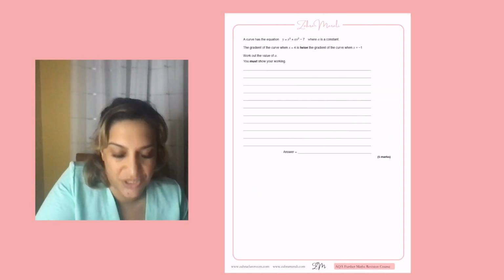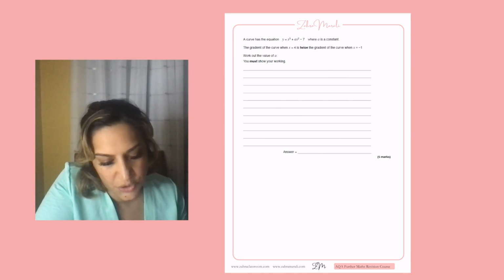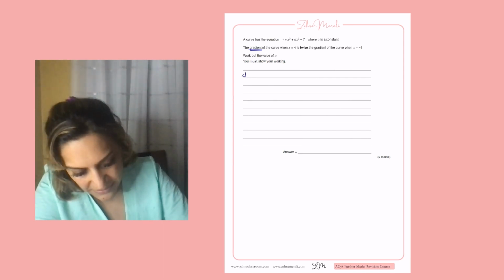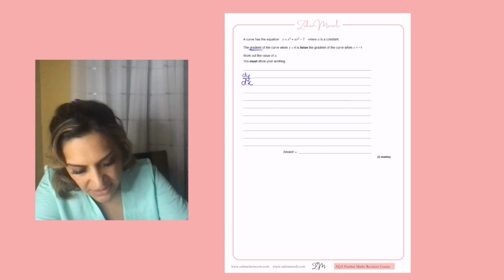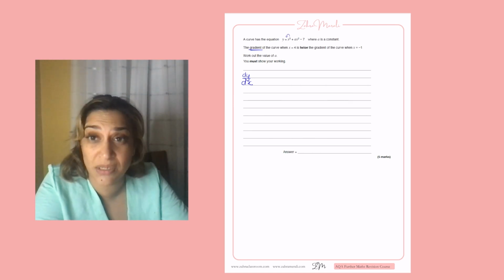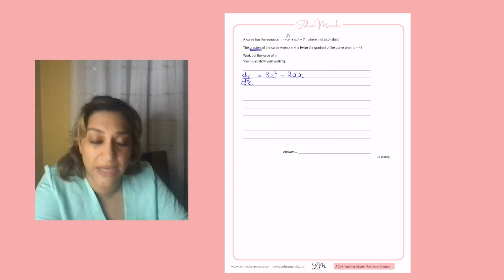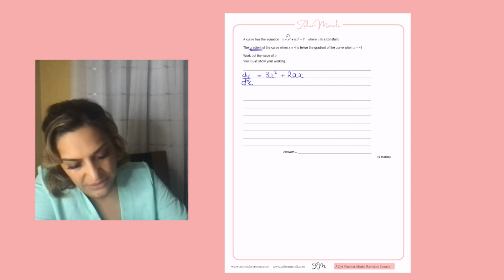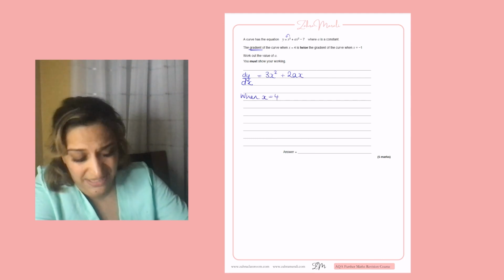Right, slightly longer question here. We've got a curve that has an equation. The gradient, we see gradient, my brain's going to go dy/dx. So first let's just work out dy/dx. Bring the power down and take 1 away. So we get 3x squared plus 2ax. Now we're saying when x equals 4, what is dy/dx?